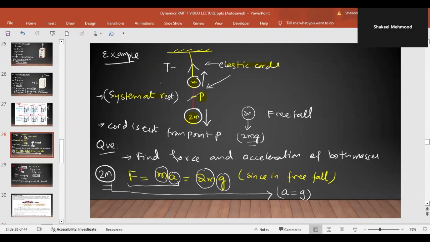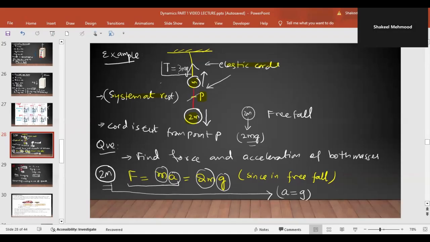What is this tension equal to? Tension is equal to the applied force. So how much is the applied force acting in the downward direction when 2m was there? It is m and 2m, which is 3m, and then of course 3 mg. So the total weight downward in this position was 3 mg. That's why the tension in the cord is 3 mg.